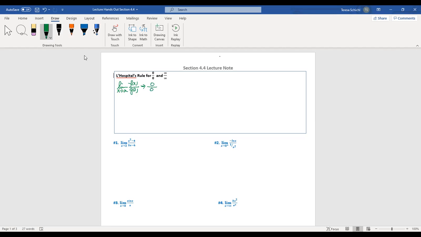I know 0/0 is indeterminate. I don't know what the value is. So how do I do it?